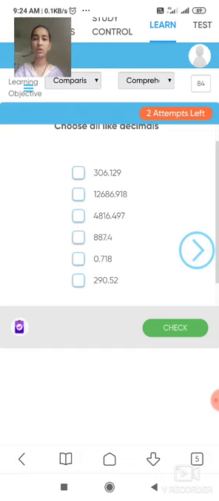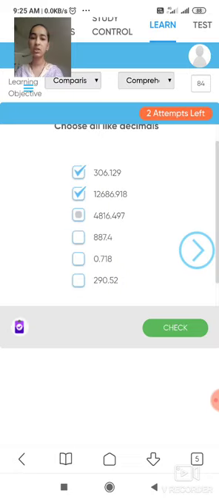In the first option, 306.129, after the decimal how many digits are there? 3. So any decimal having 3 digits after the decimal point is a like decimal. The first is like the second one because in the second option also the number of digits after the decimal is 3.